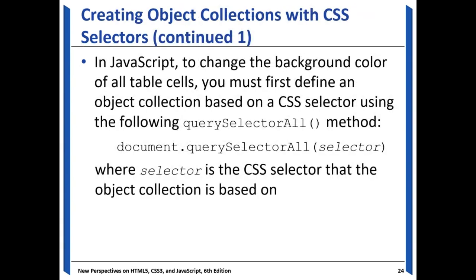Now we can use JavaScript to change the background color of our table cells. But to do this, we must define an object collection based on the CSS selector using the querySelectorAll method. So we'd say document.querySelectorAll, and then the selector. The selector is going to be the CSS selector. Okay, that's what our object collection is going to be based on.